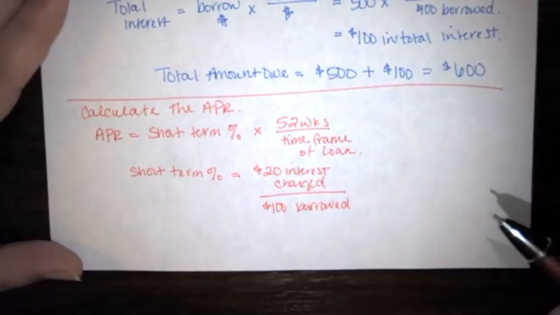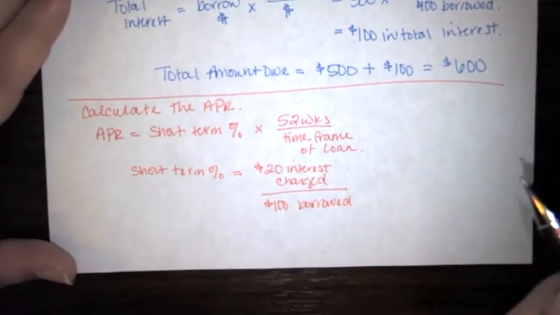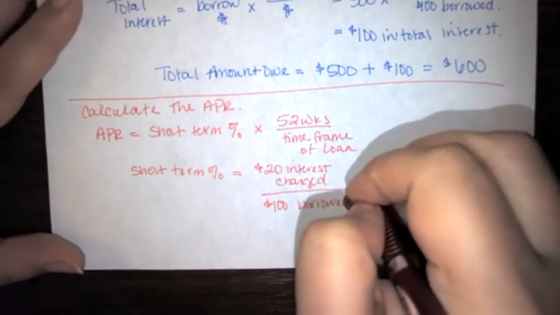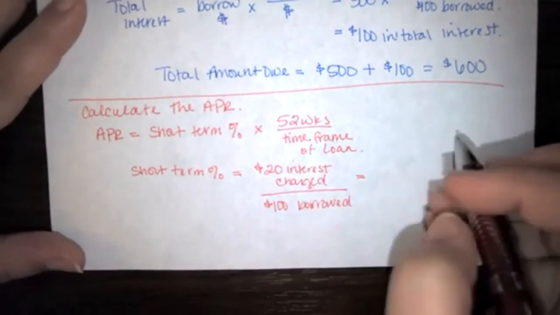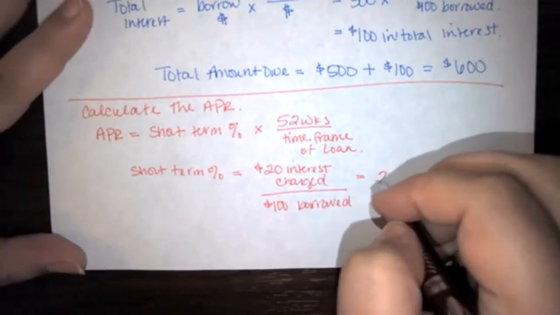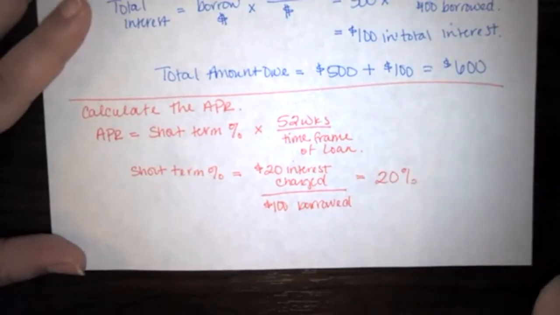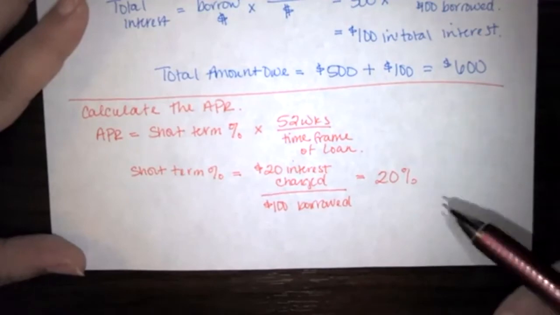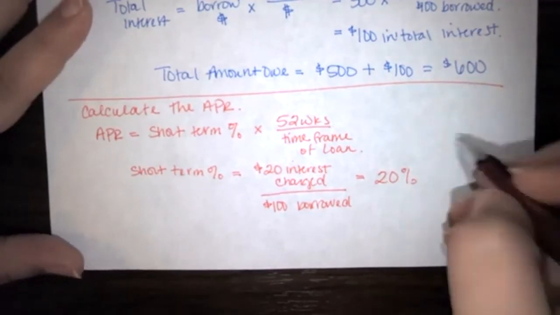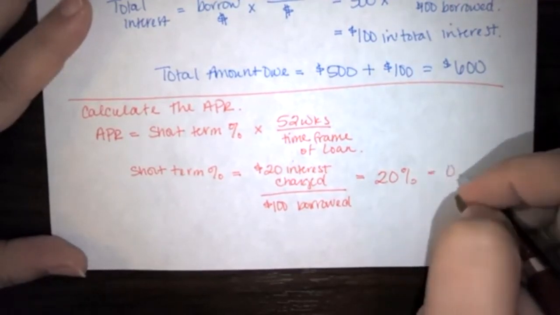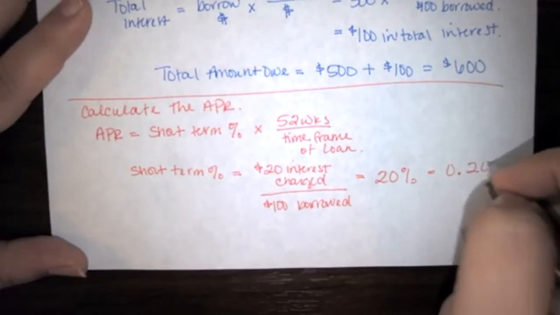In the problem it said we're going to charge you $20 per $100 that you borrow. So if we're looking at that percentage, this is going to end up being 20%. 20 divided by 100 is 0.2. Convert that to a percent, so that's 20%, which equals 0.2.